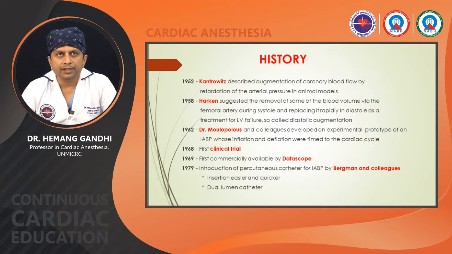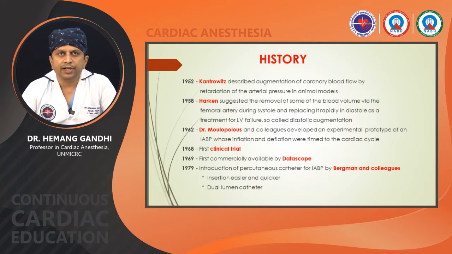In 1962, Dr. Moulopoulos and colleagues developed the experimental prototype of an IABP whose inflation and deflation were timed to the cardiac cycle. After 6 years, the first clinical trial of the IABP was conducted, and after 1 year, Datascope made it commercially available for use in clinical practice.